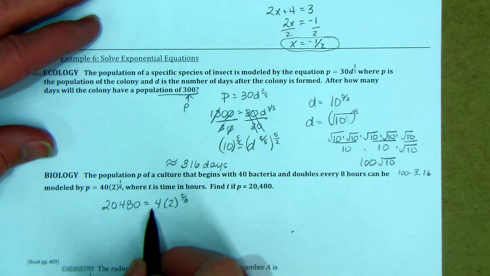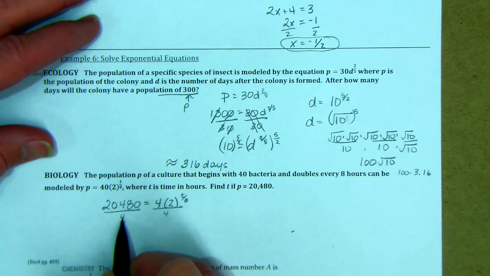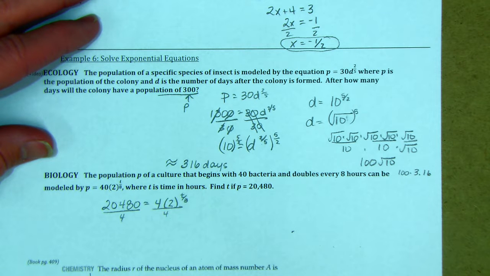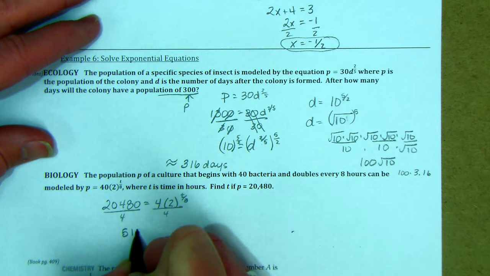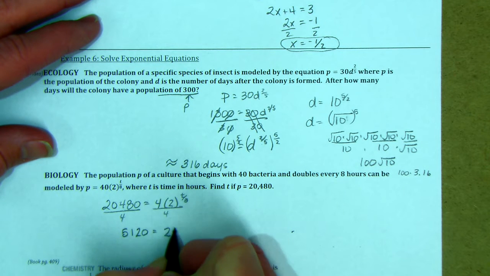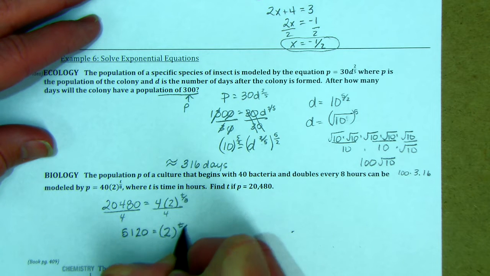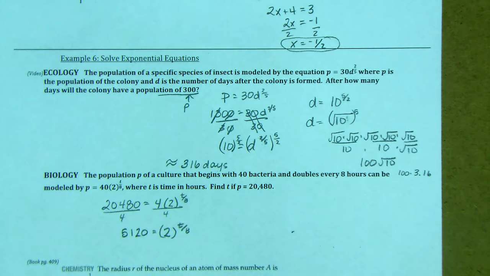I am going to divide by 4. So 20,480 divided by 4, I should be able to do that in my head, but I just want to double check, is 5,120 equals 2 to the T over 8 power.